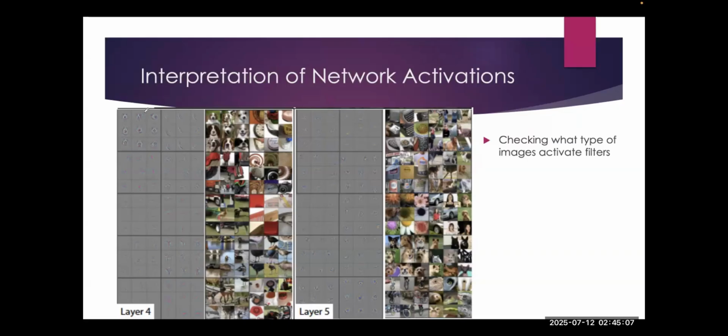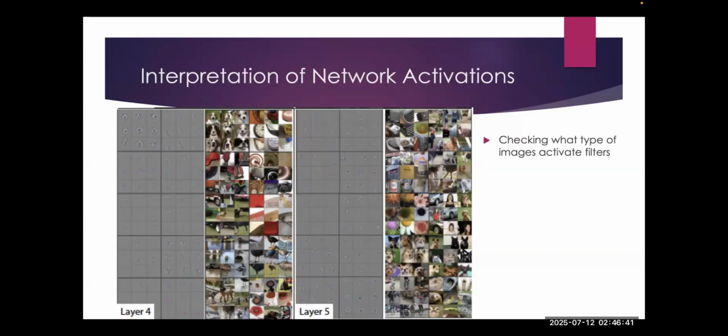Here, you can see there were certain filters that were specifically activated by an image of a dog. There were certain other filters that specifically got activated when the image contained birds. Because of this property, researchers found out that intermediate layers of the AlexNet network contain very useful information about what is present in the original image.